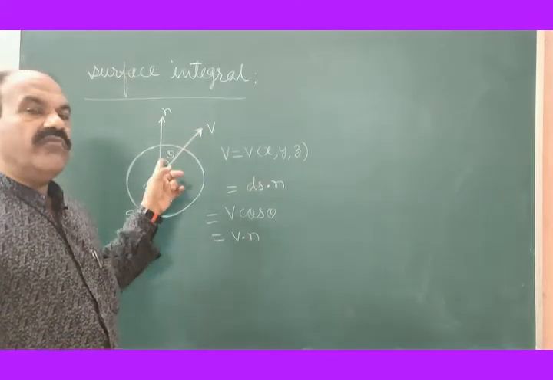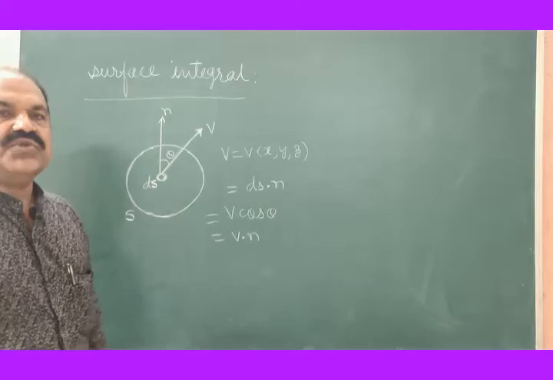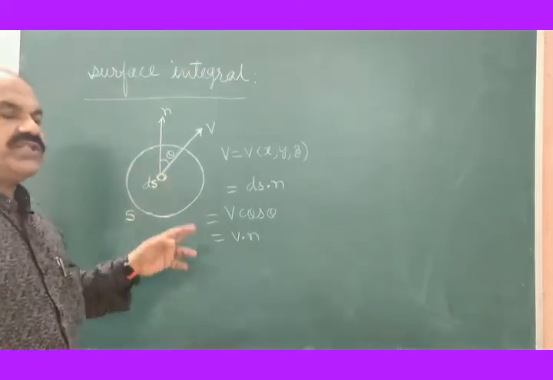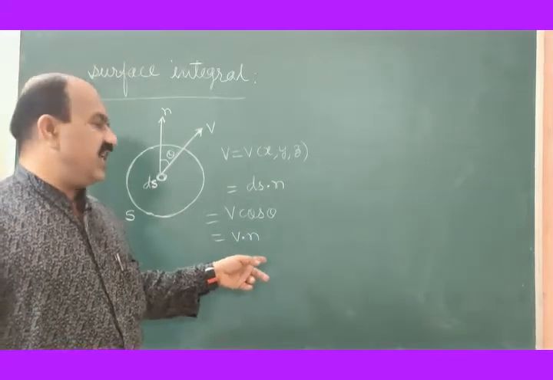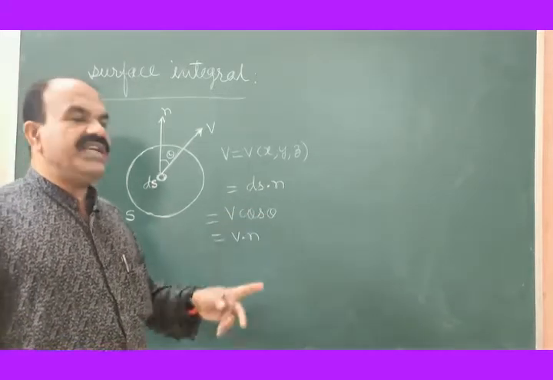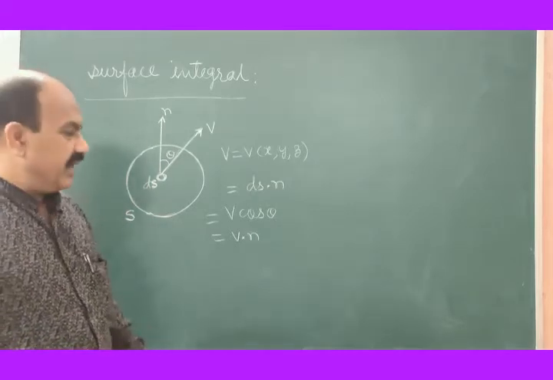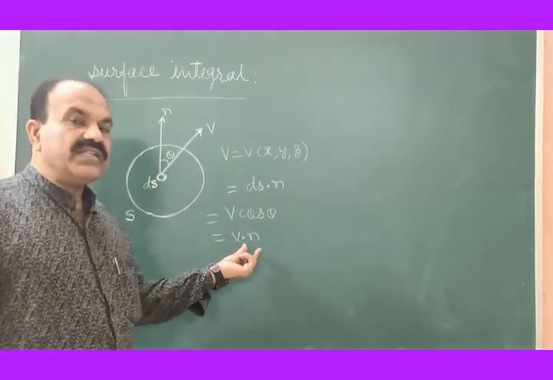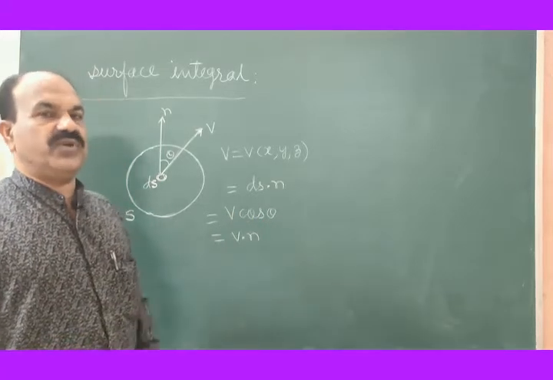Component of vector point function V along this unit normal to the surface element ds may be V dot n, or we can write this as V cos theta. This is the value of the vector point function at a single point.